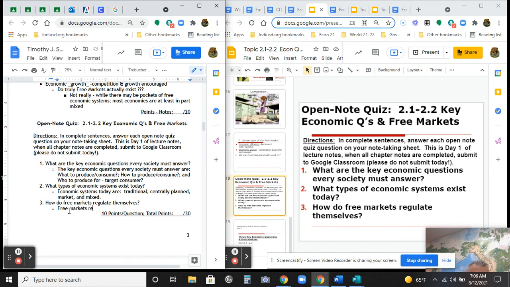Free markets regulate themselves as firms determine production of goods and services based on consumer purchasing choices.